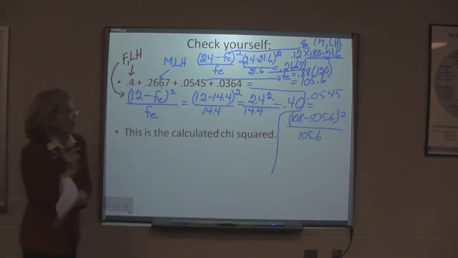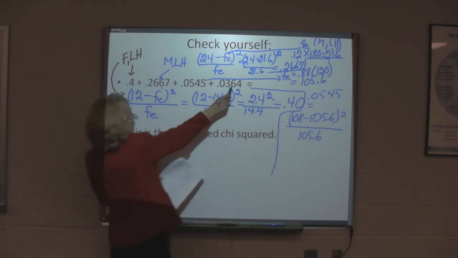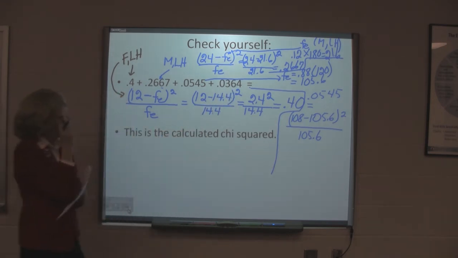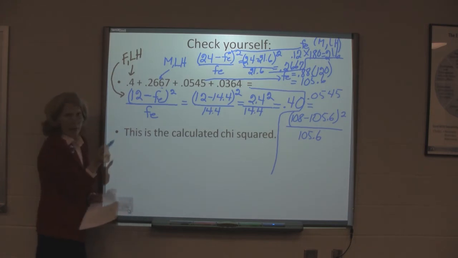And that equals the 0.0545. And then I'll let you do the same thing for the 0.0364. Similar calculation. Now, then you add all 4 of these together.